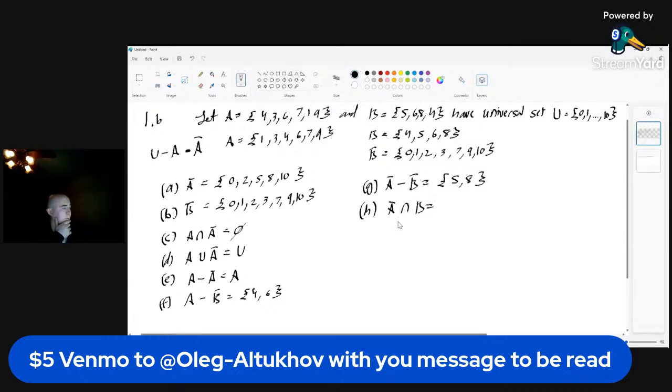Okay, let me have the intersection of the complement of A and B. So where do they intersect? What is the complement of A and B? What do they have in common? 8. And 5.